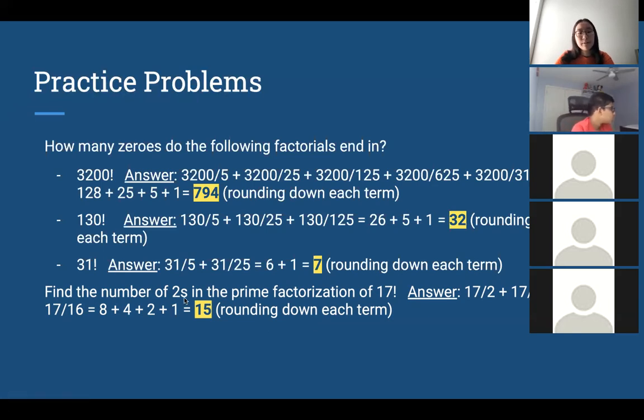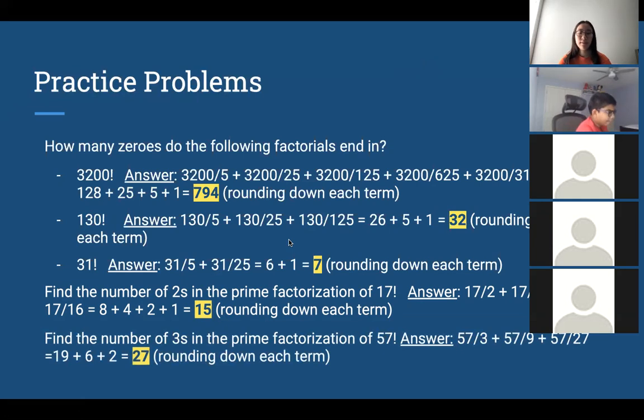If we're finding the number of 2's in the prime factorization of 17 factorial, we do 17 divided by 2 to the first power, plus 17 divided by 2 to the second power, which is 4, plus 17 divided by 2 to the third power, which is 8, and so on until you can't do it anymore. So that answer would be 15. Then you basically just do the exact same thing, except you do 3's for the last problem.